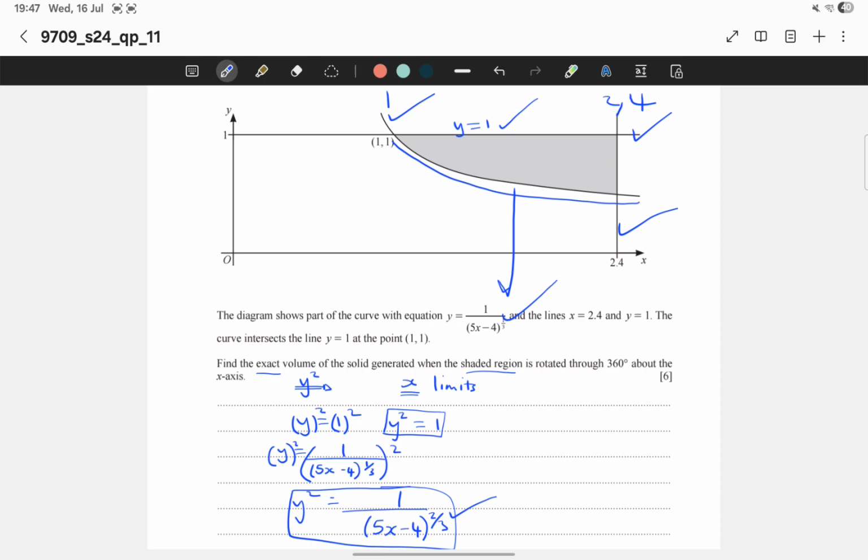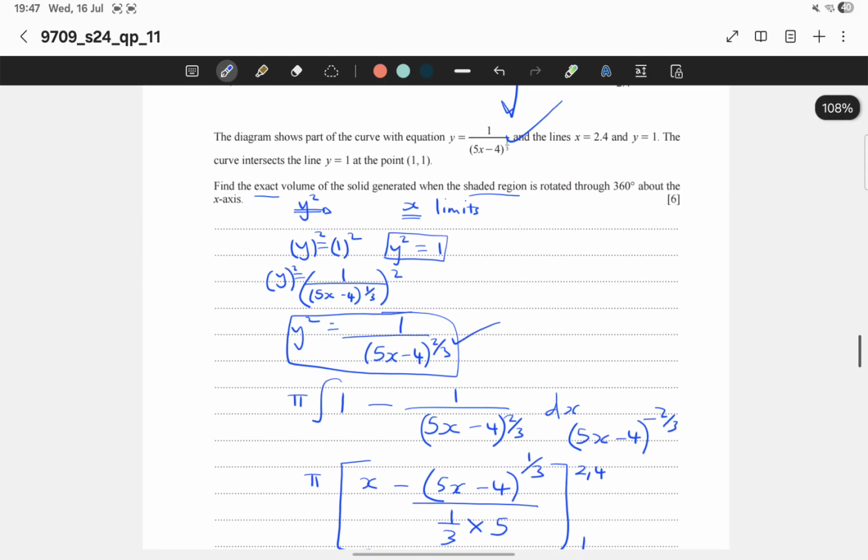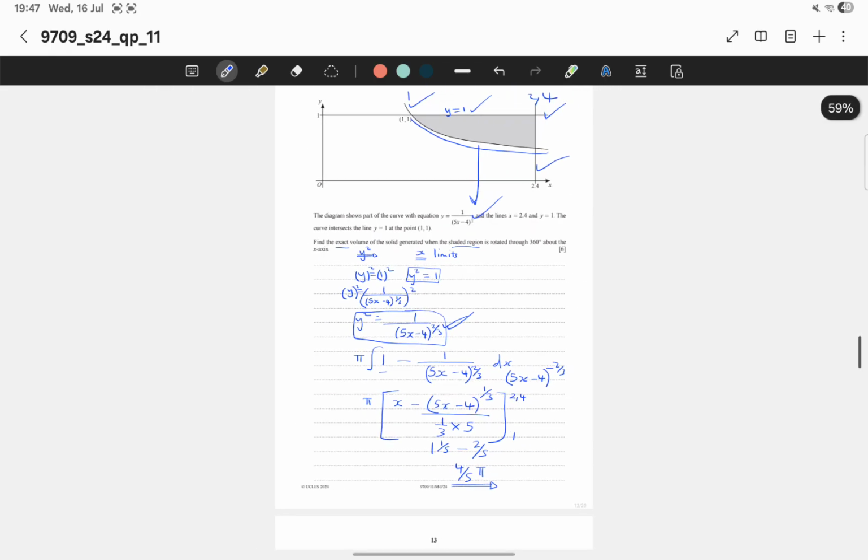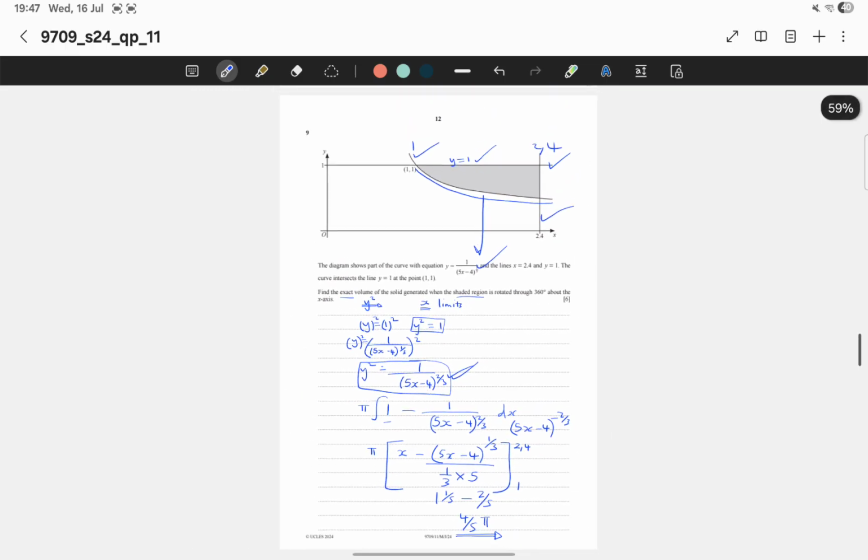In this case y equals 1 was above the curve, so we got the y squared value, which was 1. That's why we said 1 minus the y squared value for the curve, since it's below, and we got 4/5 pi. And that's it for number 9.